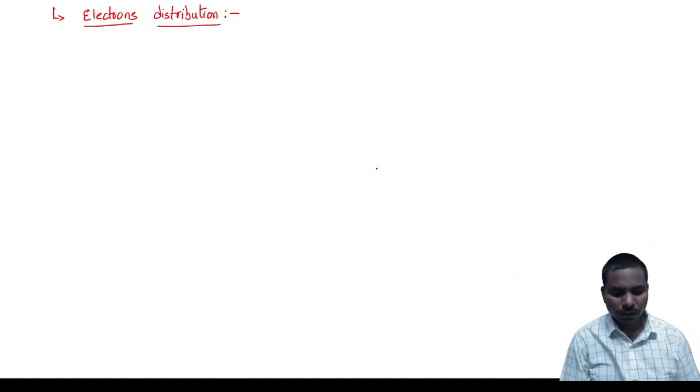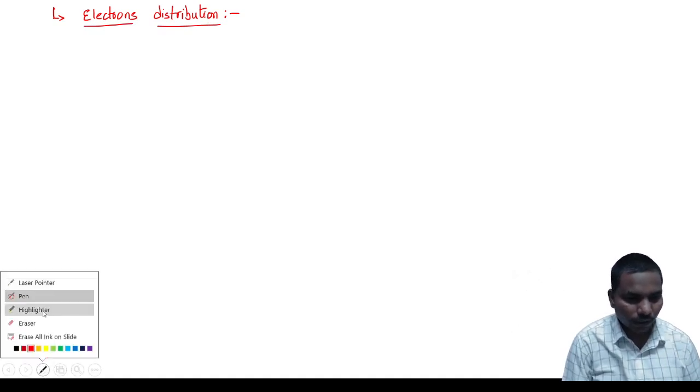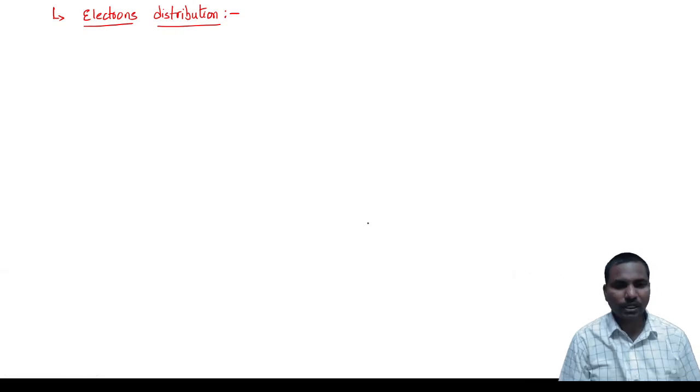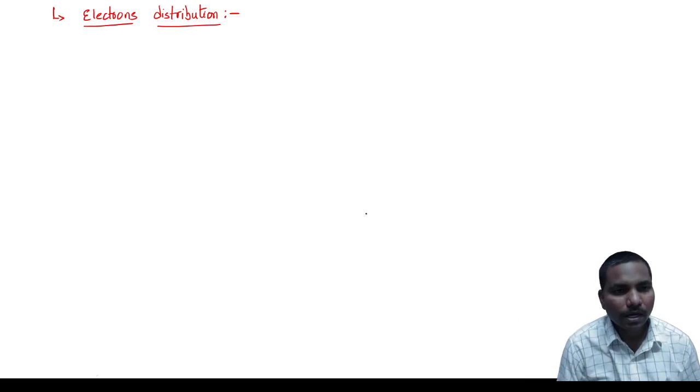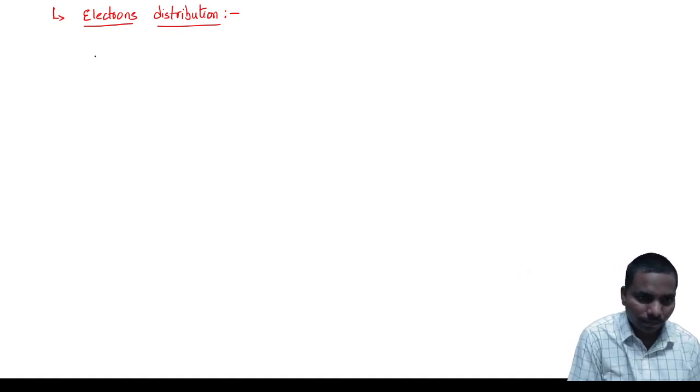In the electron distribution, the very important question is the maximum number of electrons present in a shell. That is 2n square. Note down that point.